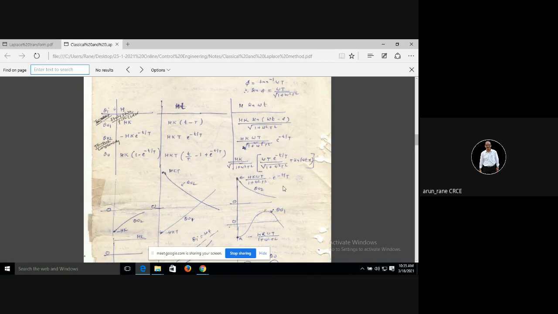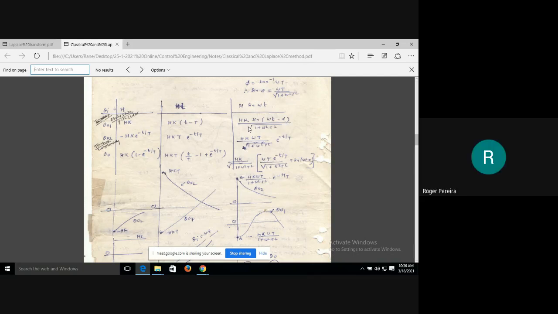Now coming to the steady state response. You substitute t is equal to 0. So here it becomes sine of minus phi. Sine of minus theta is minus sine theta.